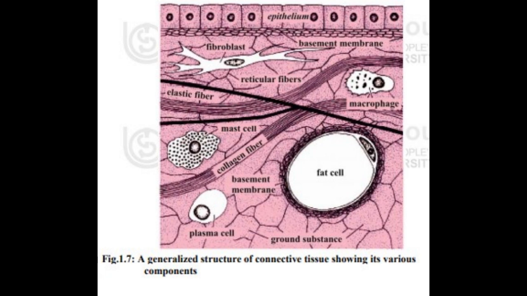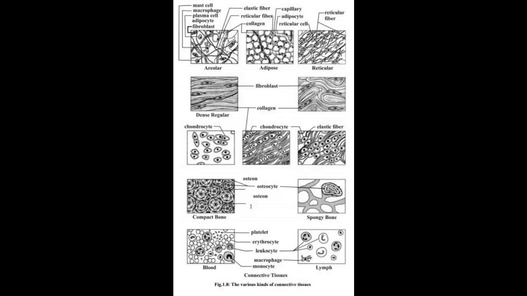1. Areolar tissue. Areolar connective tissue holds organs and epithelia in place and consists of matrix, within which lie 2 kinds of proteinaceous fibers: A. White or collagenous fibers, and B. Yellow or elastic fibers.